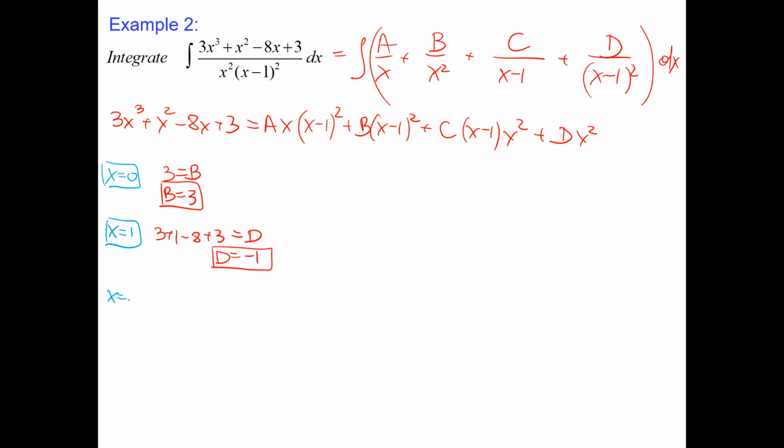And now we, of course, run out of the zeros. We have 4 coefficients, A, B, C, and D, and we have only 2 zeros. So we will pick a random number. The easiest number that I can think of is 2, or maybe negative 1. We will pick 2 first. 2 cubed is 8. 8 times 3 is 24. 2 squared is 4, 2 times 8 is 16, plus 3.